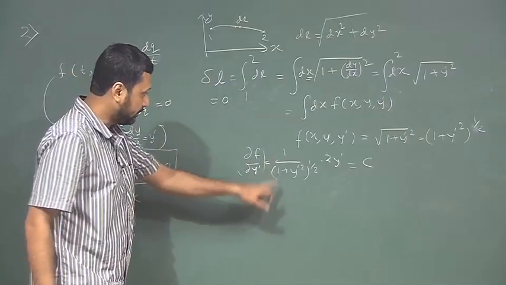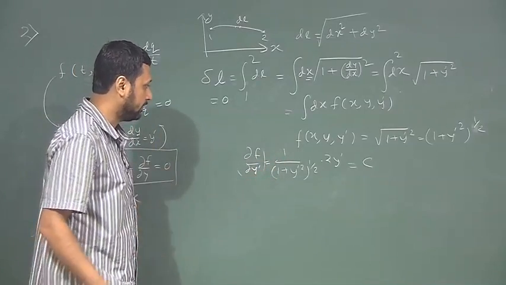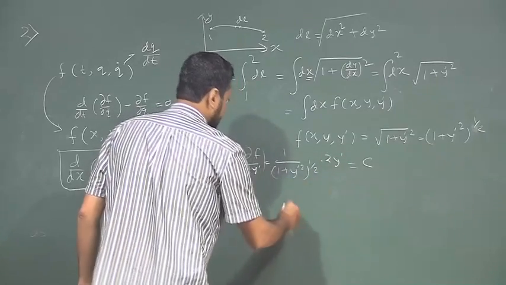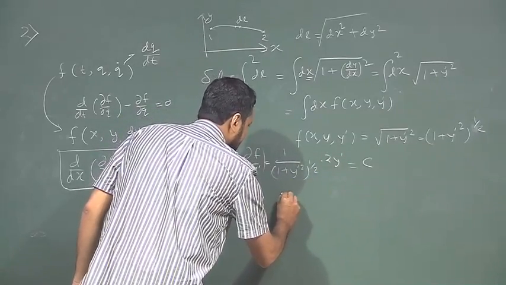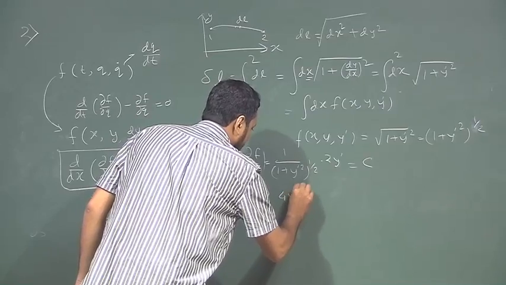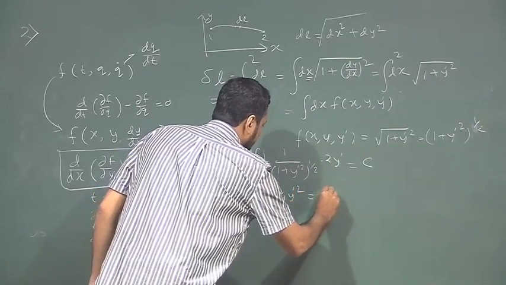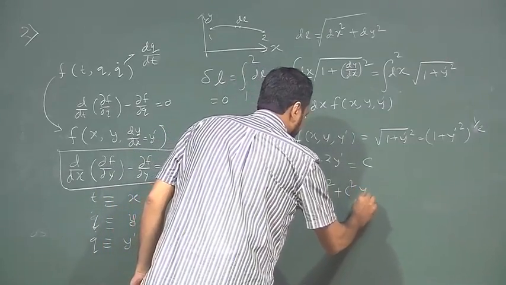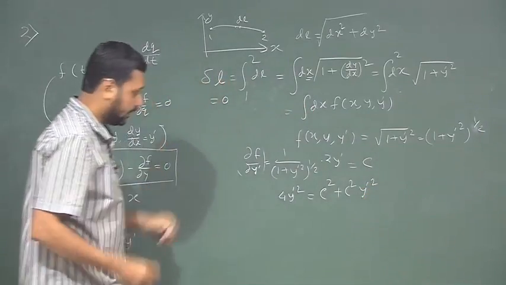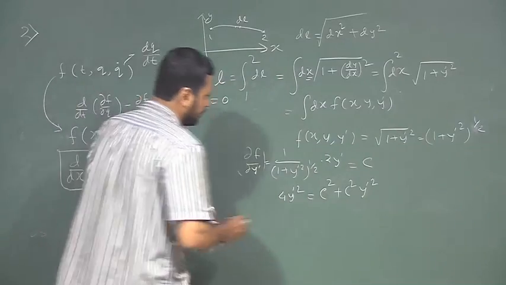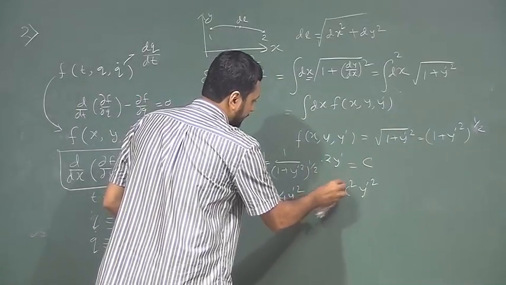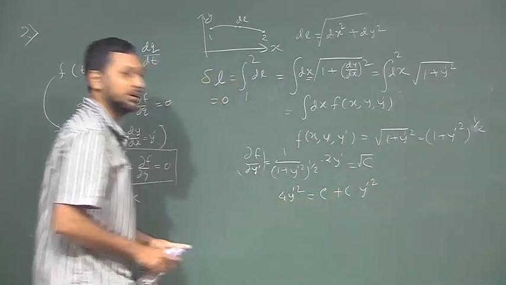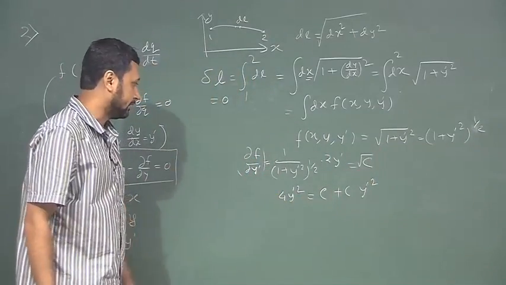So, we can write this equal to some constant c. Now, if I simplify from here, if I take the square of both sides, we get 4 y prime square is equal to c square plus c square y prime square, right. Or also we can call c square a new constant, I mean we can just absorb c and c square. So, if we want, I can put root c, that is just for my convenience.